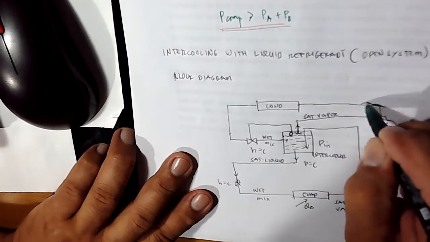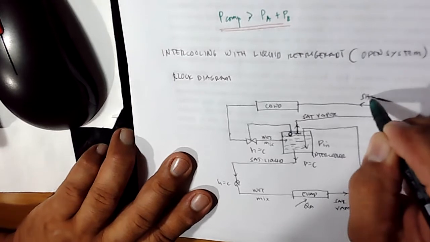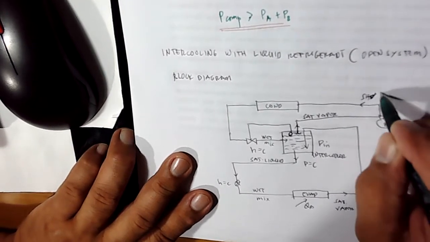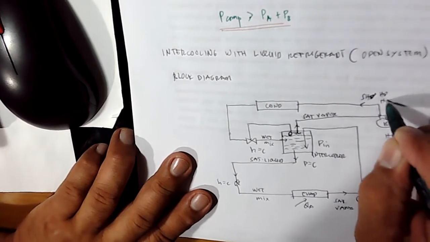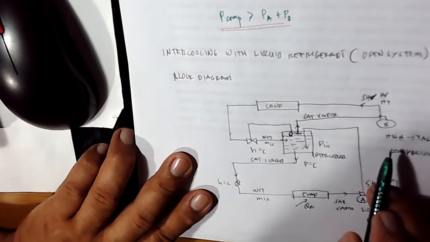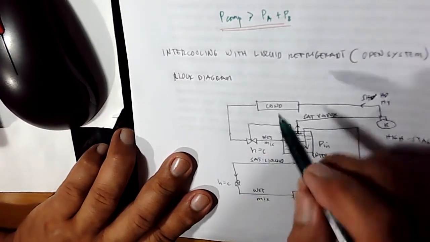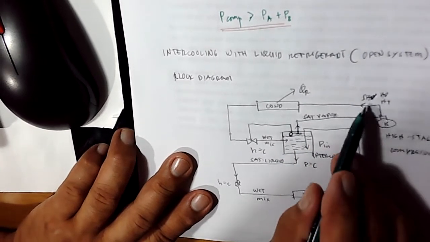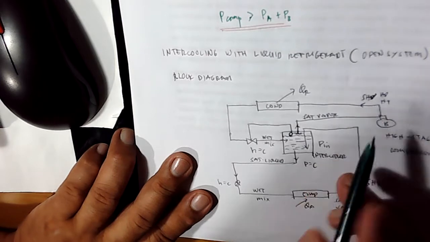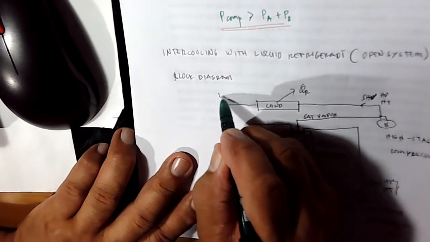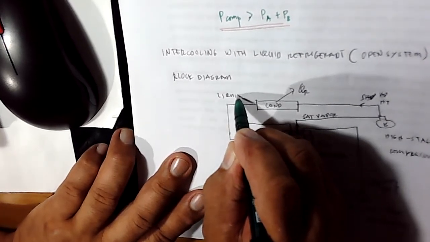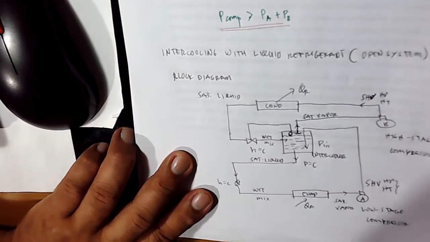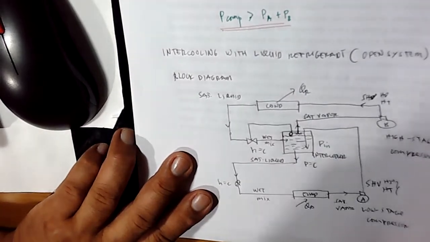This one is again superheated vapor, high pressure, high temperature at high stage condition, and then there is a rejection of heat here, so that superheated vapor changes into saturated liquid, and then the cycle continues.